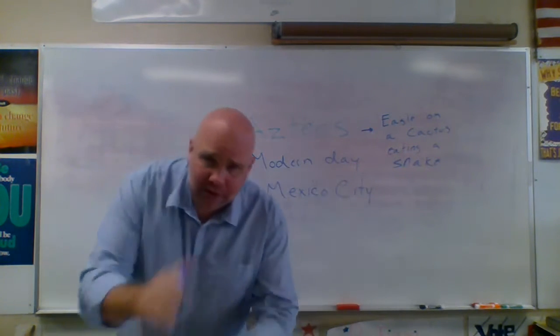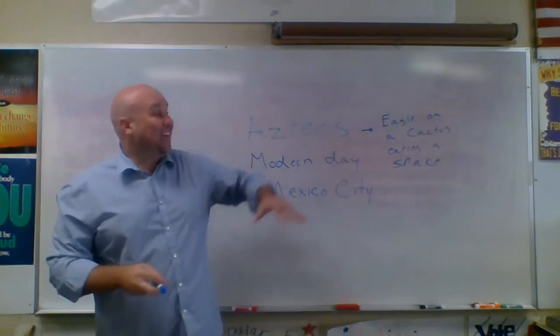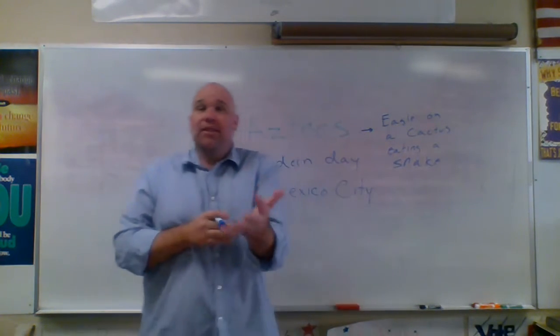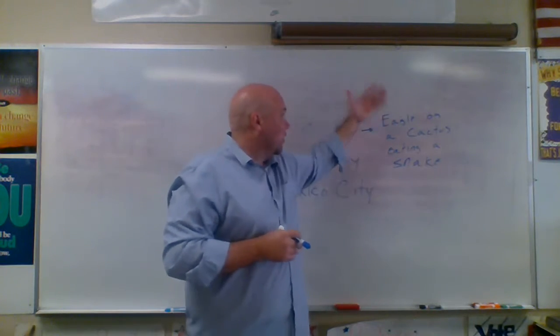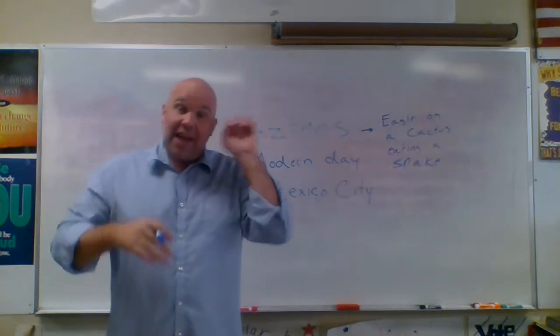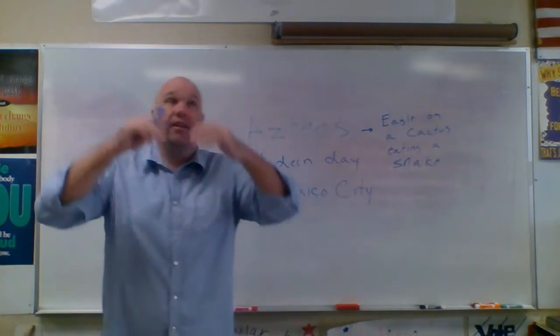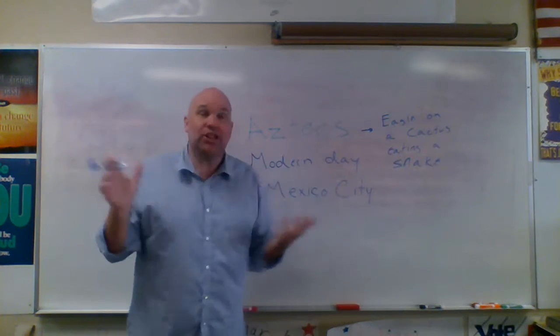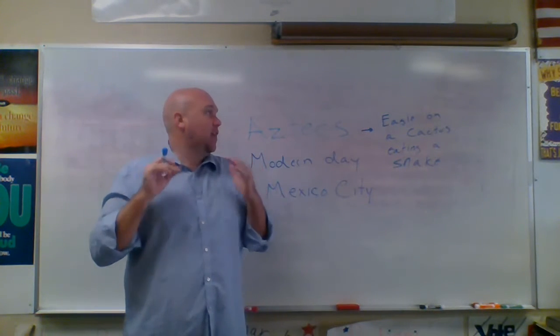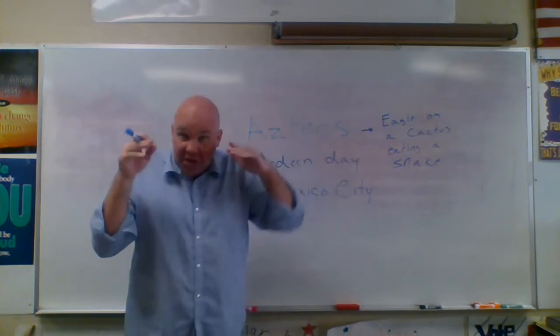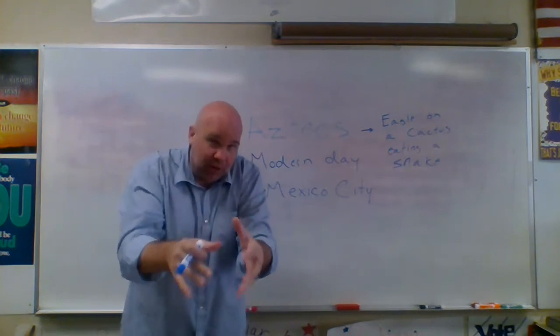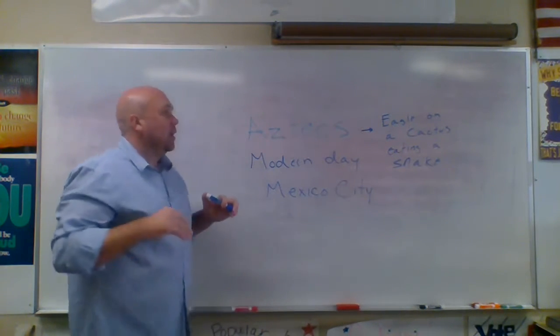You might be familiar with this symbol. It is the symbol on the Mexican flag. There is an eagle on a cactus eating a snake. That is the sign that the Aztecs, the legend that stated, hey, when we see this, we know that's the spot to build our city.